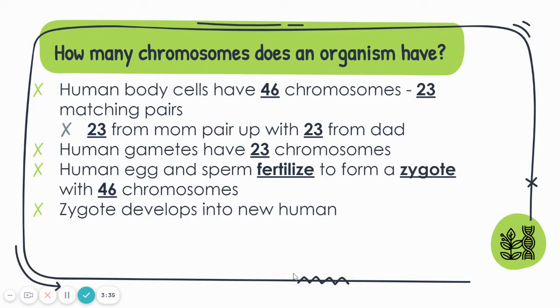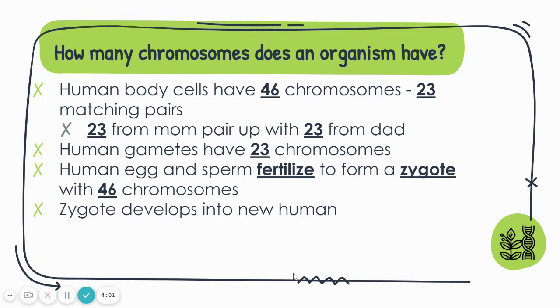So let's look at this in terms of numbers. Human body cells have 46 chromosomes, 23 matching pairs. So we get 23 chromosomes from mom and 23 chromosomes from dad. So 46 total. Human gametes, so human eggs and sperm, only have 23 chromosomes. So that when that gamete, that sex cell, combines with another one, you end up with that correct number of 46, right?